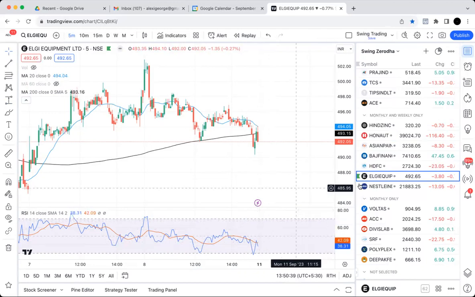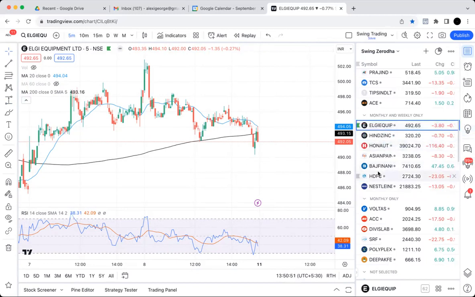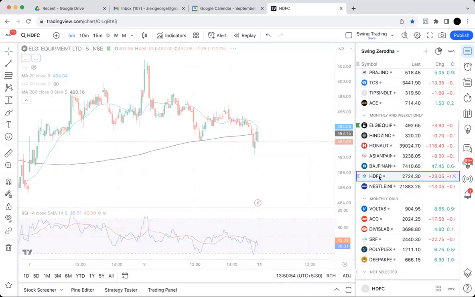So it's a probable movement. Let me move LG equipment to the top of my secondary list. All right. And then, yeah, HDFC and Nestle India. Or Nestle Industries. Which one is it? I don't know the name.